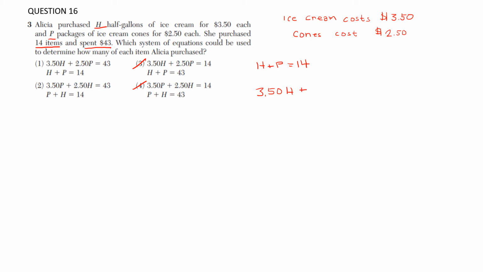In the same way, we can do the same thing for the ice cream cones: p packages, each costing $2.50. So that's 250 times p, which gives us the total amount she spent on ice cream cones. If we add that together, we get the total amount of money she spent, which is 43. So we can see here that answer choice 1 reflects this.